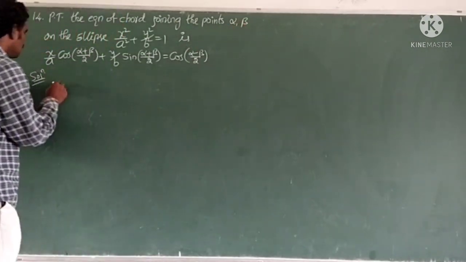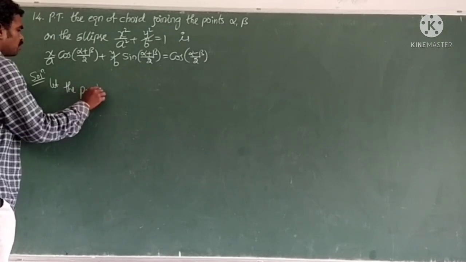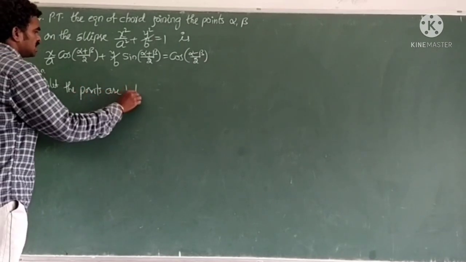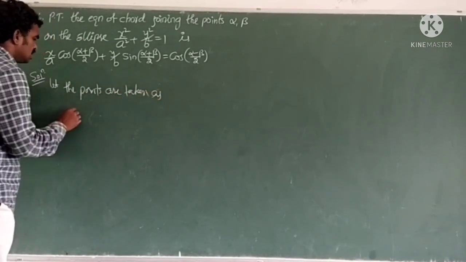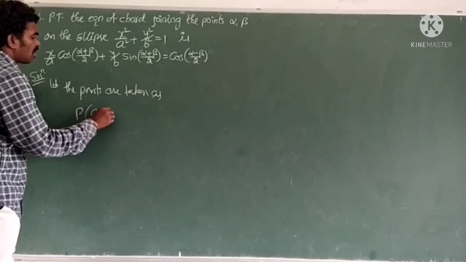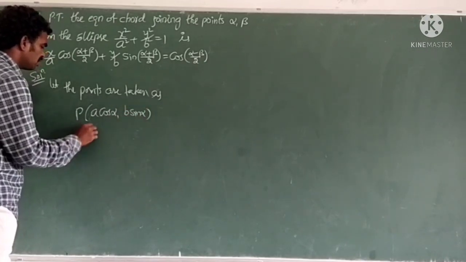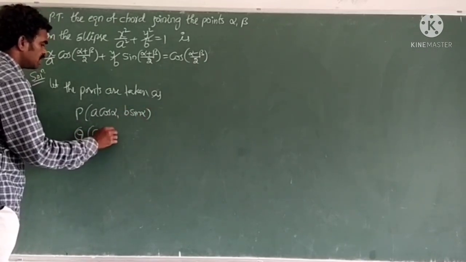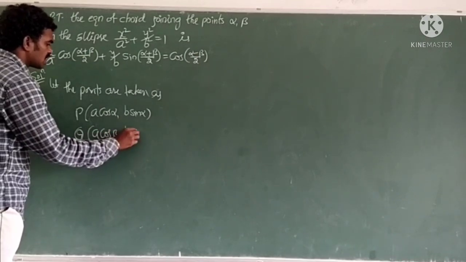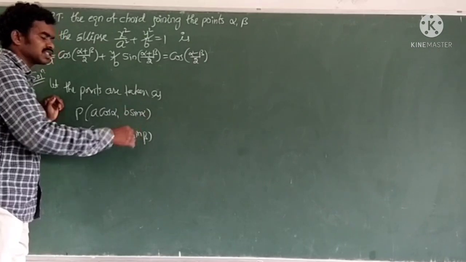So let the points be taken as one is a cos alpha, b sin alpha. What is the other point? A cos beta, b sin beta. So the first point must be in terms of alpha, the second in terms of beta.